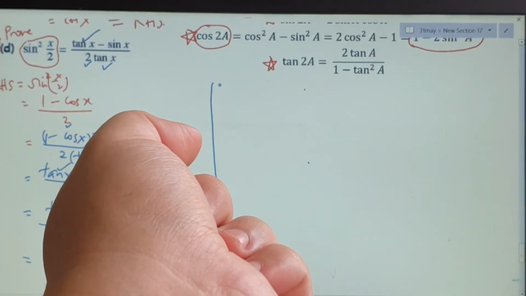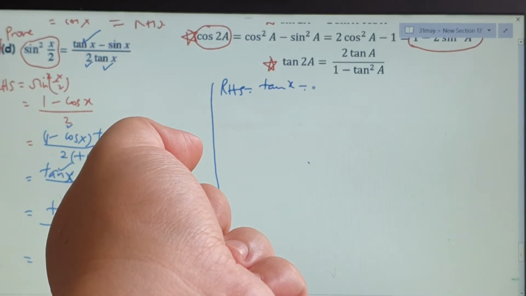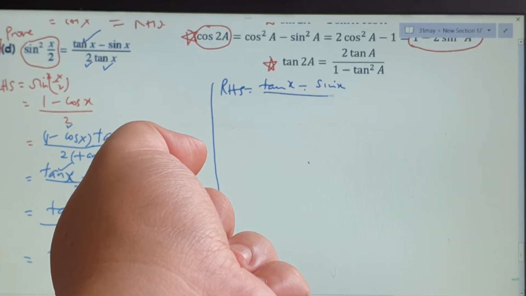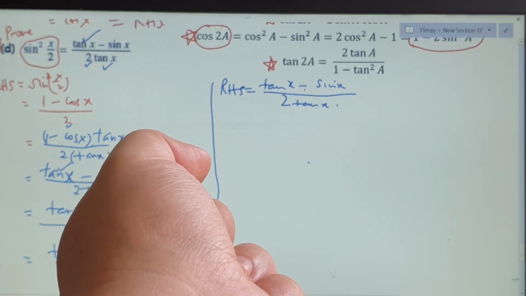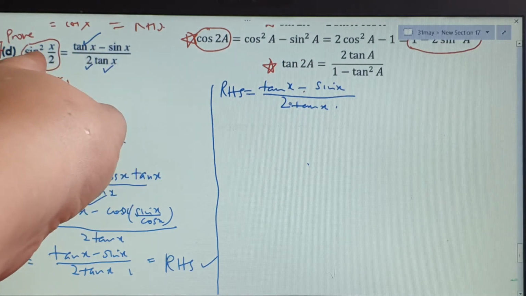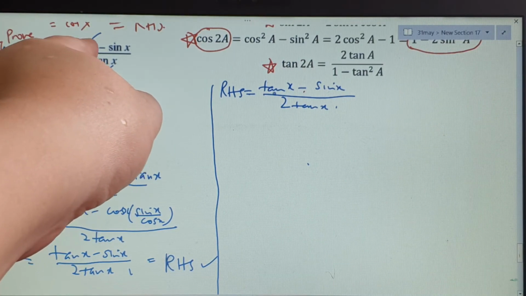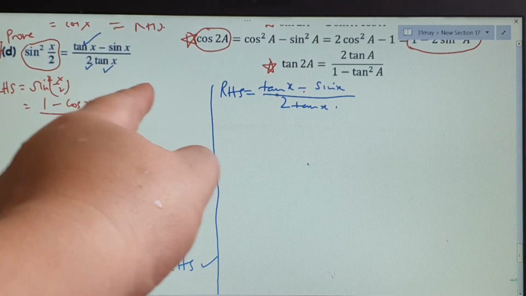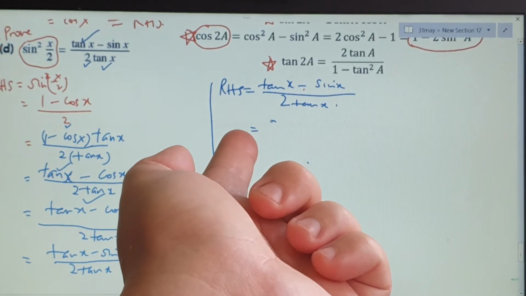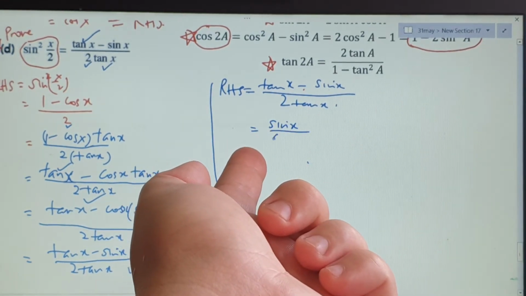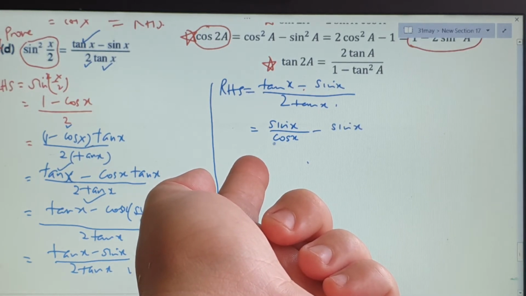Okay, now if I were to start from the right hand side, now right hand side is made up of tangent x minus sine x over 2 tangent x, and I noticed that ultimately I only want sine square x over 2, which means that I don't want tangent, I don't want cosine. So I have to do something to this tangent, and I know that tangent is sine over cosine. Okay, so I write it as such.